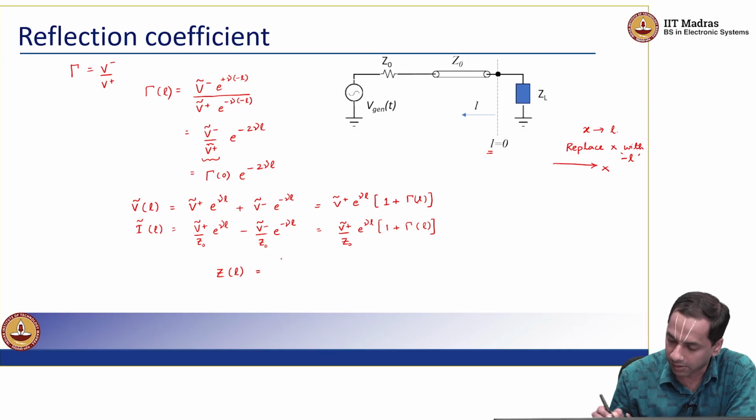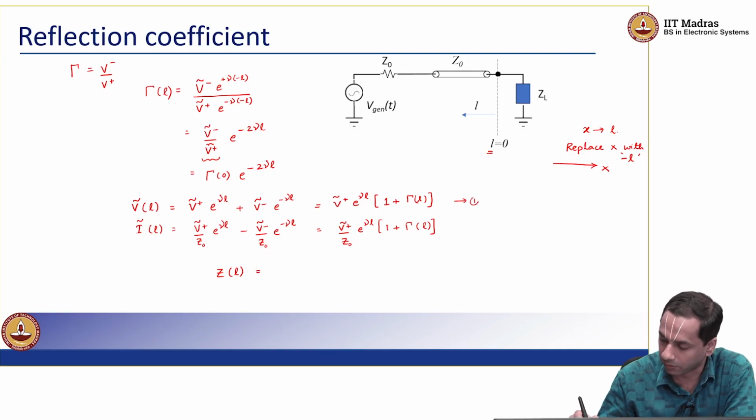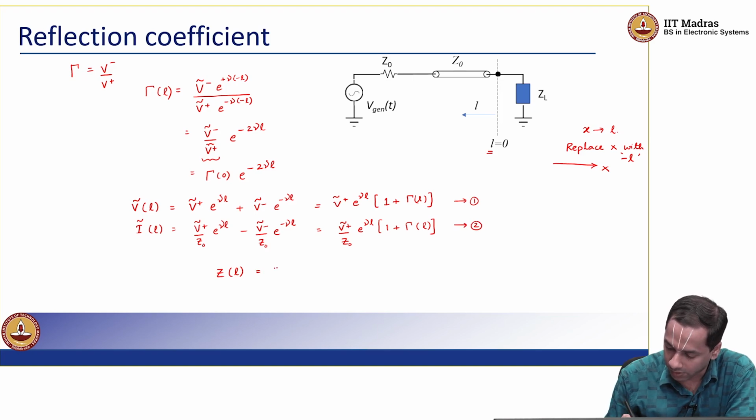So this is essentially the ratio of equations 1 and 2, which should give me Z naught, right?